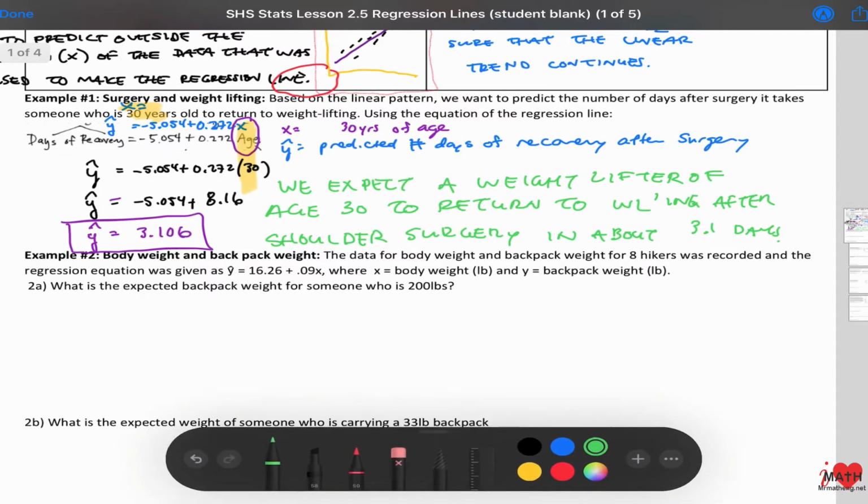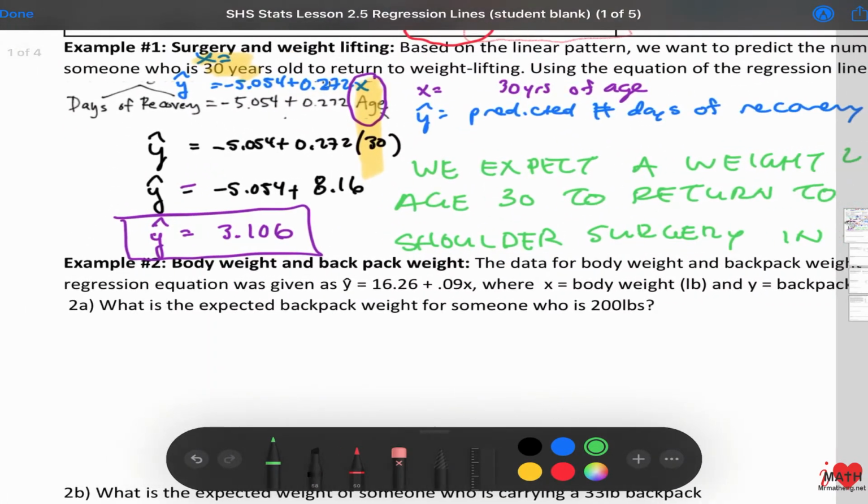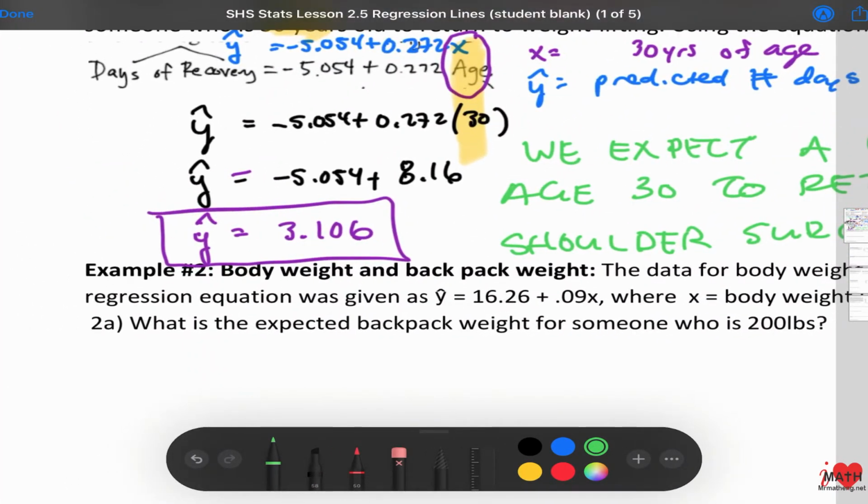Let me give you guys a big idea of what this looks like. We've been learning about scatter plots, and if I survey a bunch of people, how many days after surgery can they lift weights? This is the regression line, and we're basically saying: age, because that's the x-axis, right?